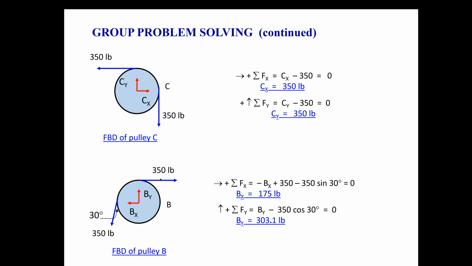Plus 350, that's this. And then minus 350 times the sine of 30, which is essentially the X component of this tension, okay? And then you do the same thing with Y. Doing Fy, you're going to have By minus 350 sine 30 degrees, right? So you just have this one and the vertical component of this tension.